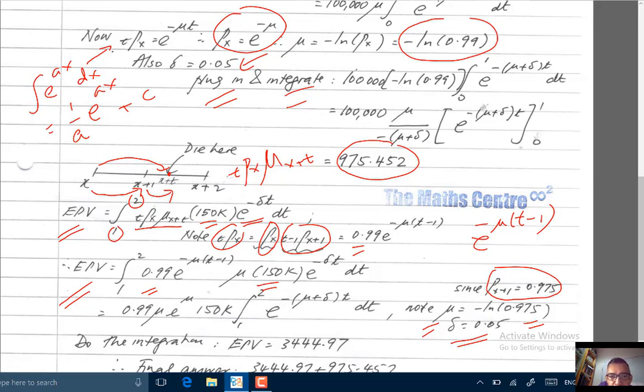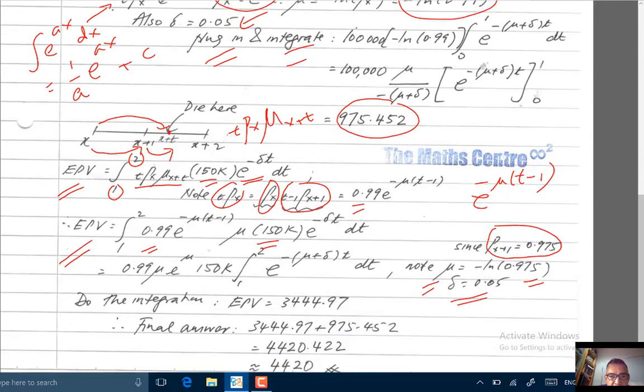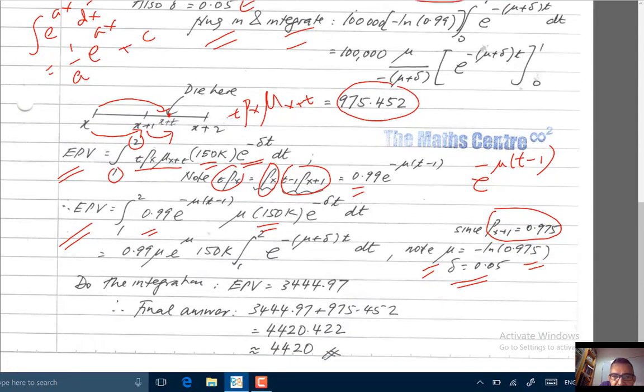Just note that mu here is the negative of log 0.975. Do the integration, you will get the expected present value as 3444.97. Again, 3444.97. All we need to do is, to get the final answer, add the two numbers up, this and this, and you will get 4420.442, and we leave our answer as 4420, and we are done.